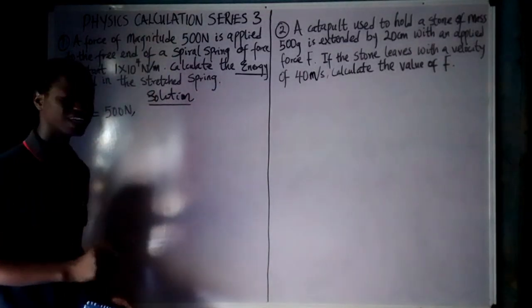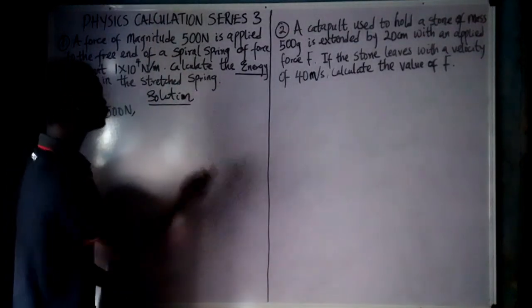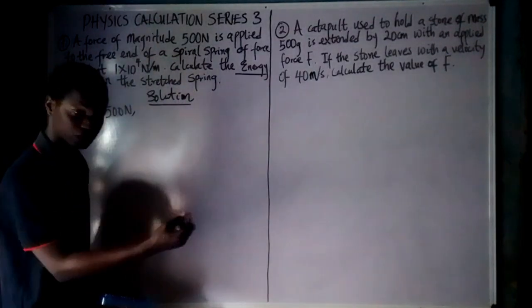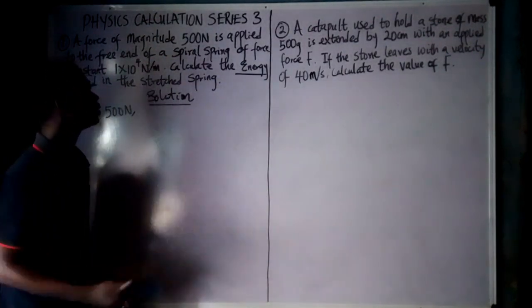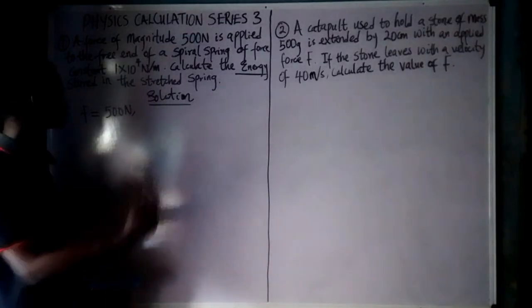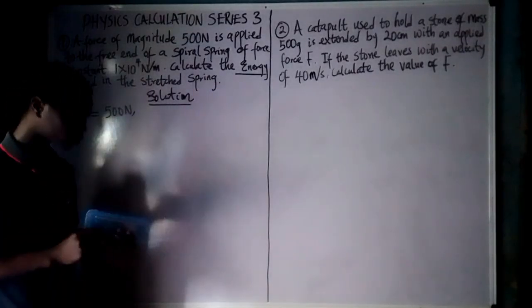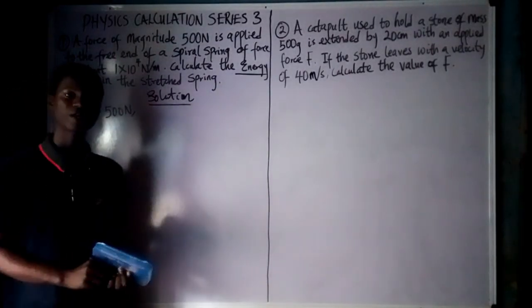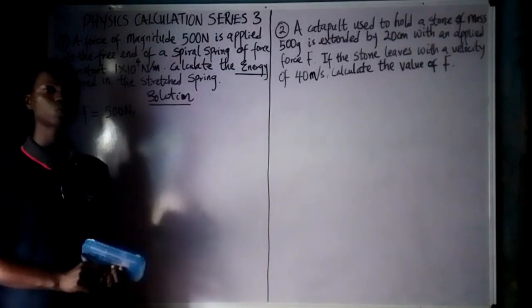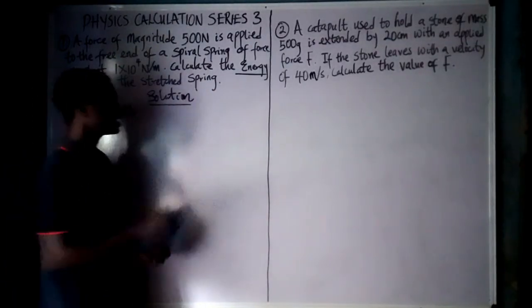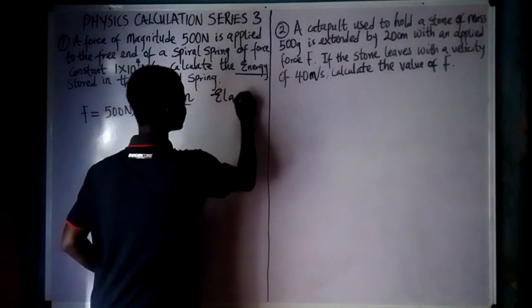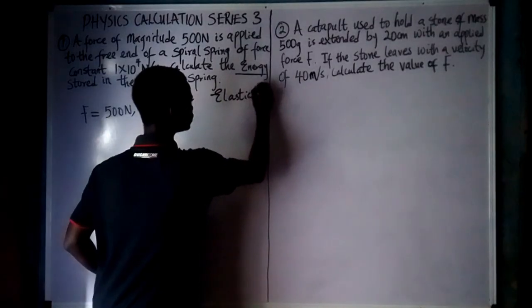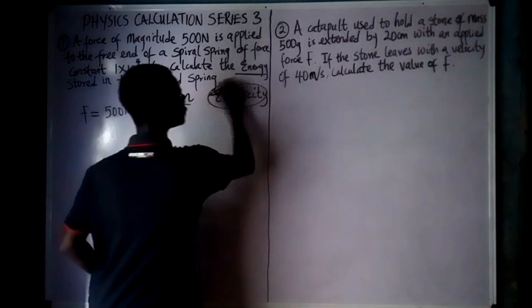Now what's next? They said that force is applied to the free end of a spiral spring. So they draw it downward, of force constant 1 times 10 raised to power 4 Newton per meter. Now in case you don't know, this question is from the topic called elasticity. That is where this question we are solving is from.